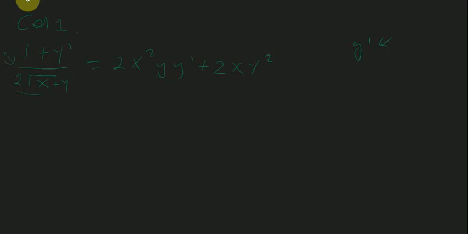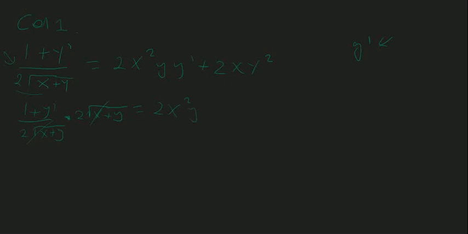So 1 plus y prime over 2 square root x plus y, multiply by 2 square root x plus y, and they cancel each other. Since you multiply here, you have to multiply the other side.